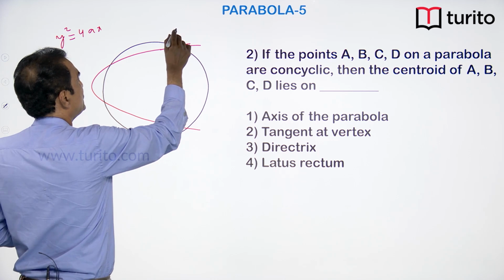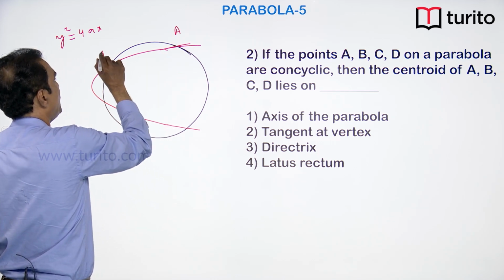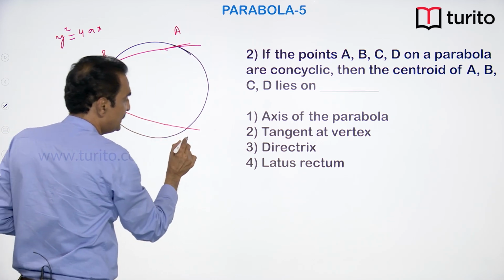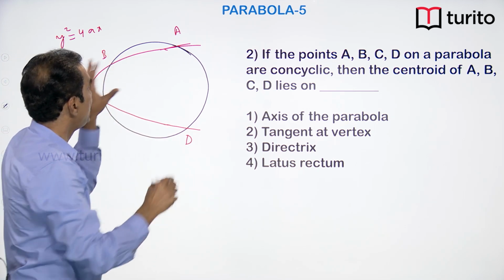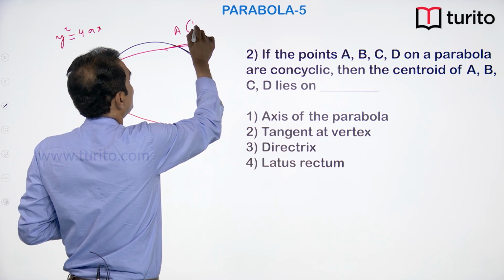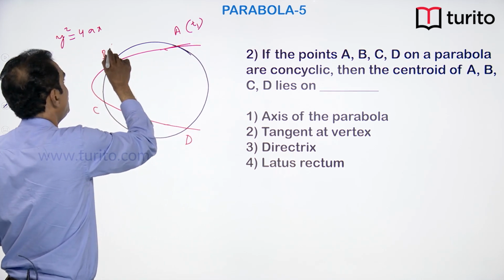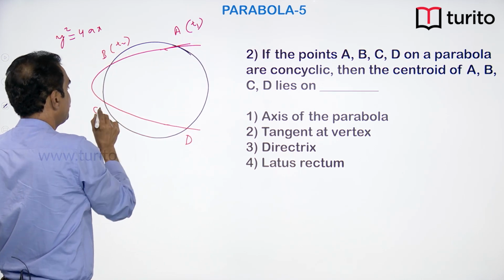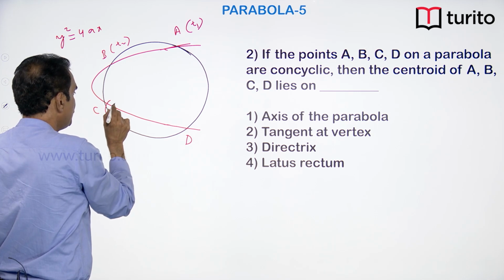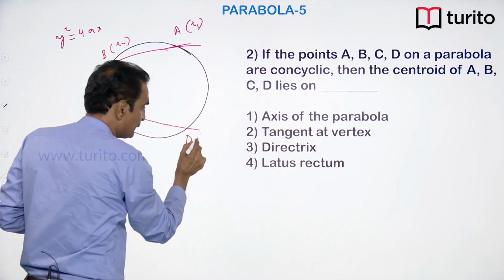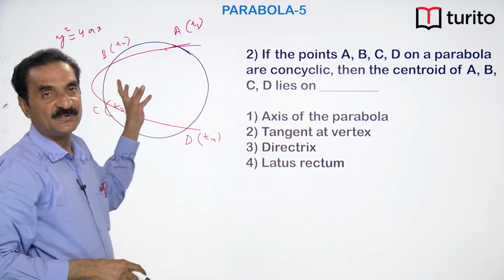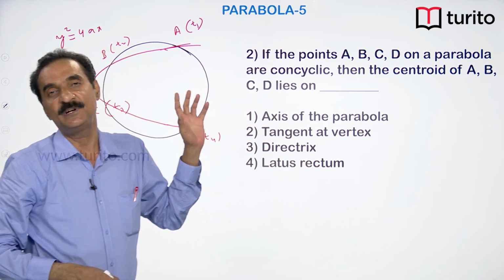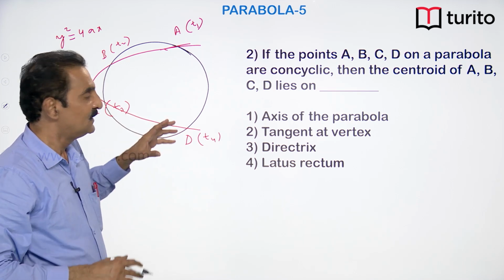Now, let us take these four points as A, B, C, D, with parameters T1, T2, T3, T4. If the four points with parameters T1, T2, T3, T4 are concyclic, there must be some relation between T1, T2, T3, T4. Let us find it.